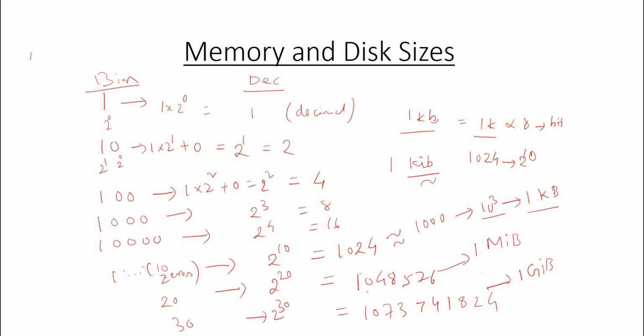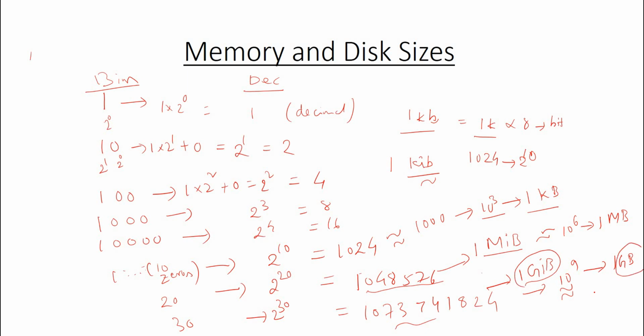Similarly, manufacturers will approximate this as 10 power 6, so they call it 1 megabyte. So 1 megabyte is approximately equal to 1 mebibyte, which is 2 power 20, equivalent to 10 power 6. Similarly, they approximate this as 10 power 9, which we call 1 GB. So 1 GB is approximately equivalent to 1 GiB.